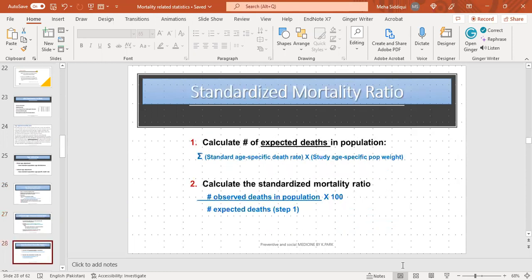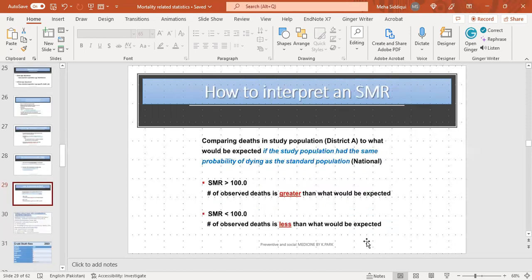Standardized mortality ratio. So calculate the number of expected deaths in a population, that is the sum of standard age-specific death rates multiplied by the study age-specific population weight. Then second, calculate standardized mortality ratio as the number of observed deaths in the population over expected deaths, multiplied by 100. Then how to interpret a standardized mortality ratio.